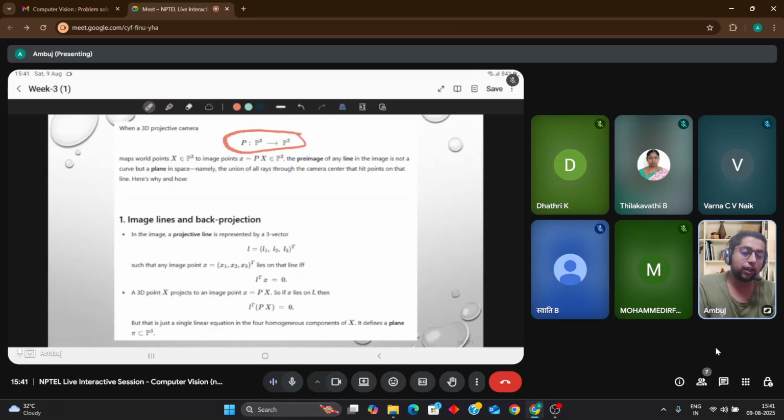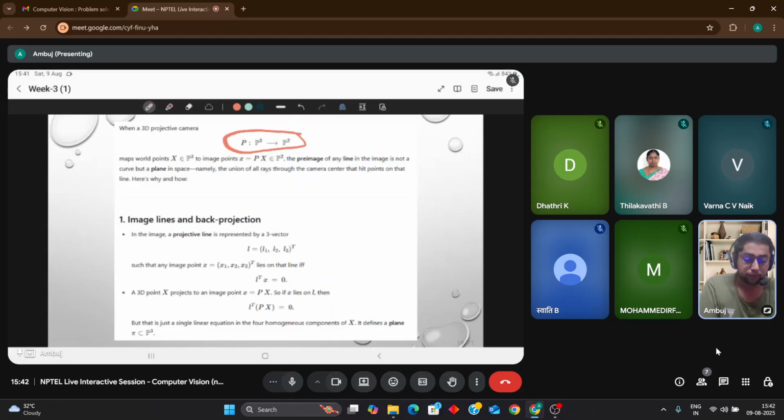The pre-image of any line in the image is not a curve, but a plane in space. A plane in 3 dimensions would be nothing but a line in 2 dimensions. So it is the union of all rays through the camera center that hit the projection.